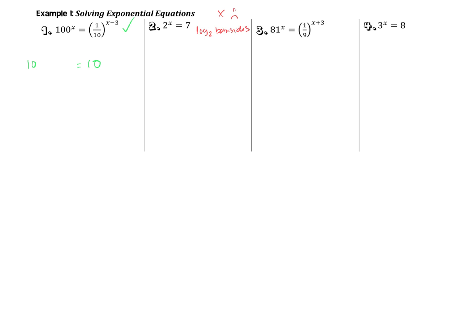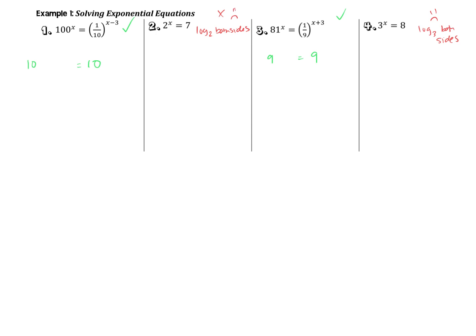For number 3, 81 and 9, those can both be rewritten with 9 as their base. And again, we're going to come back to that part. But number 4 cannot. So we're going to start by taking log base 3 of both sides. All right, I'm going to work through 1 and 2 with you, and then I'm going to have you try 3 and 4 on your own.